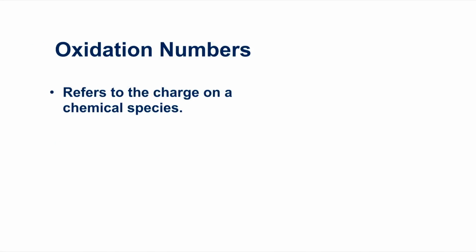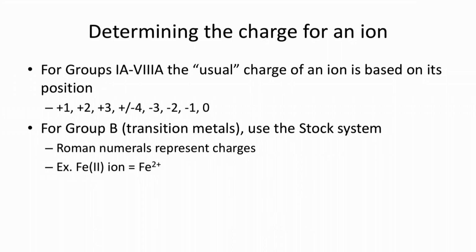So what I'll do now is I'll show you how you can determine the charges for different ions. So for ions in groups 1A through 8A, which are the alkali metals, alkaline earth metals, all the way down to the noble gases, the charges there correspond to what you would expect based on their positions in the periodic table.